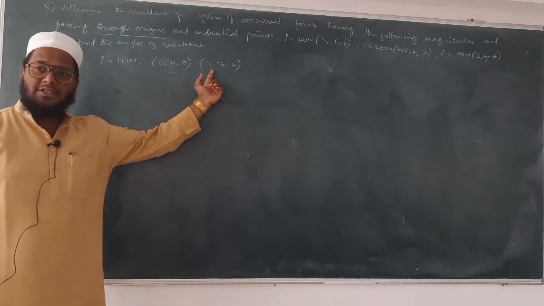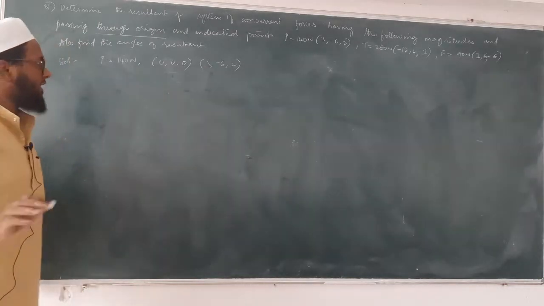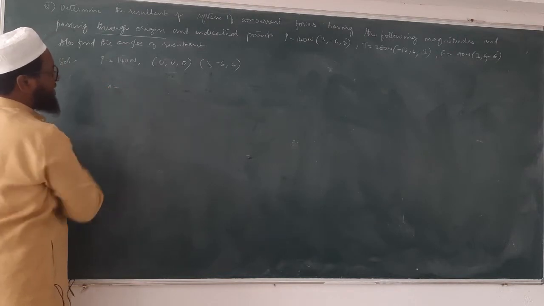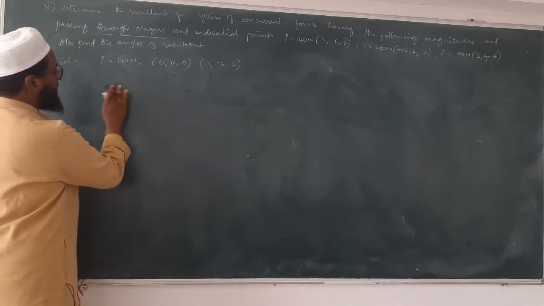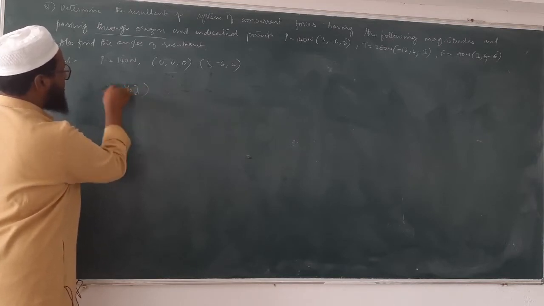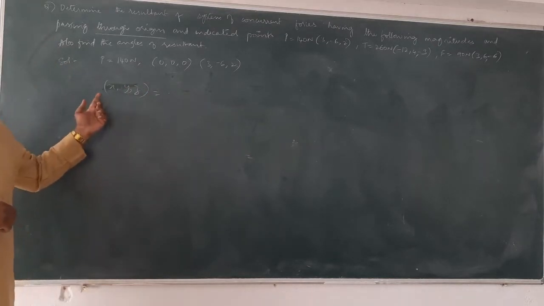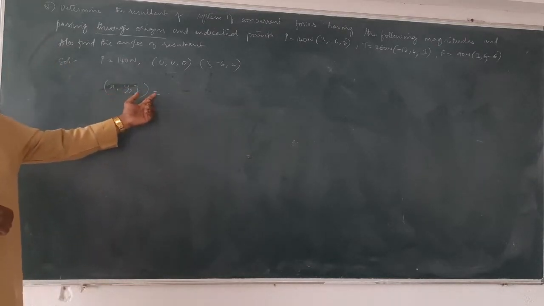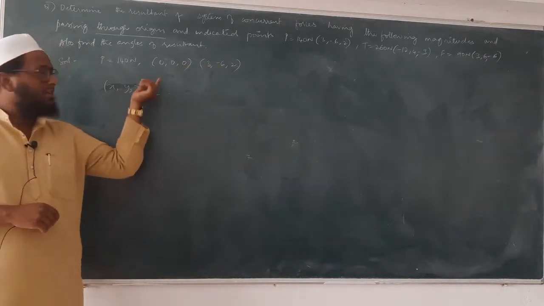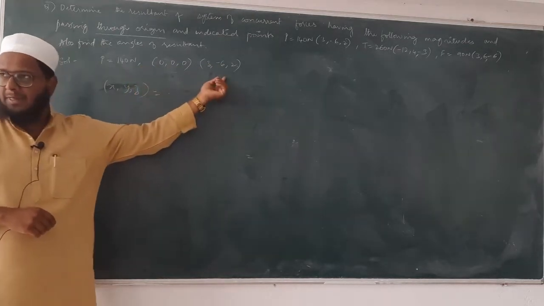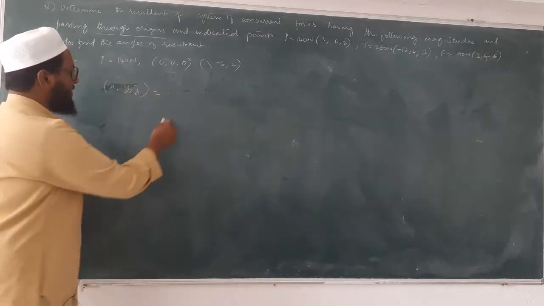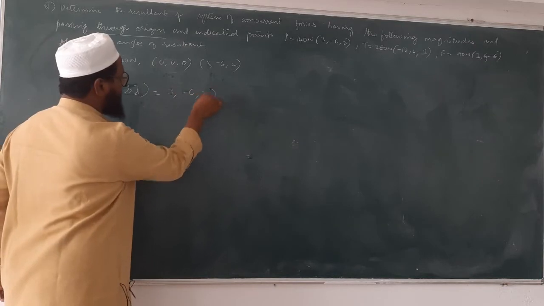So how to calculate x, y, z for this force? x comma y comma z is equal to, can you tell me, 0 minus 3 or 3 minus 0? It is passing from origin to this point, so 3 minus 0, it will be 3. So 3 minus 6, 2.